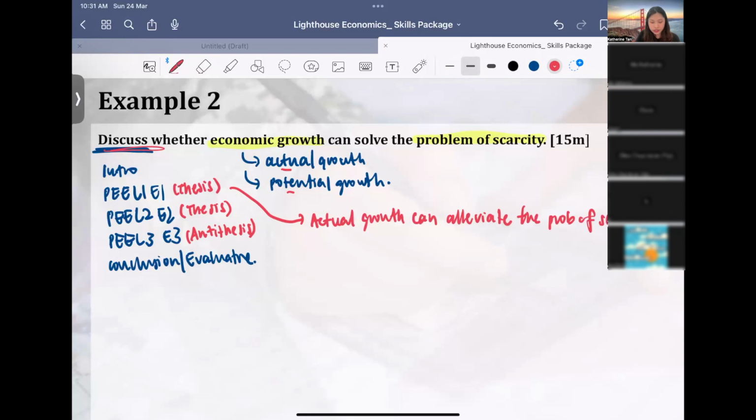That's going to be your first thesis. As to why and how, I won't go through it because now we're just going to talk about structure. For the second thesis, maybe you can say potential growth can alleviate the problem of scarcity. Remember, we must cover scope, so we must talk about both types of growth.